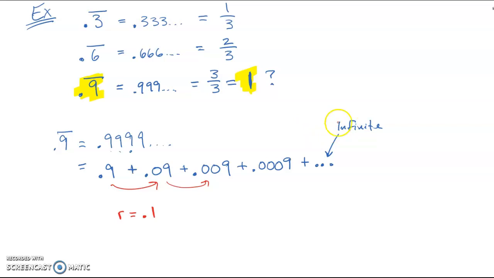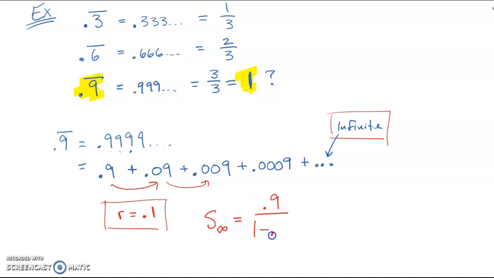And so because it is infinite and it's geometric and the r value is less than 1, making the terms smaller, we can say that the infinite sum, because we are adding these forever, is the first term, 0.9, divided by 1 minus the r value, 0.1, and that's exactly 0.9 over 0.9, and that's exactly 1.